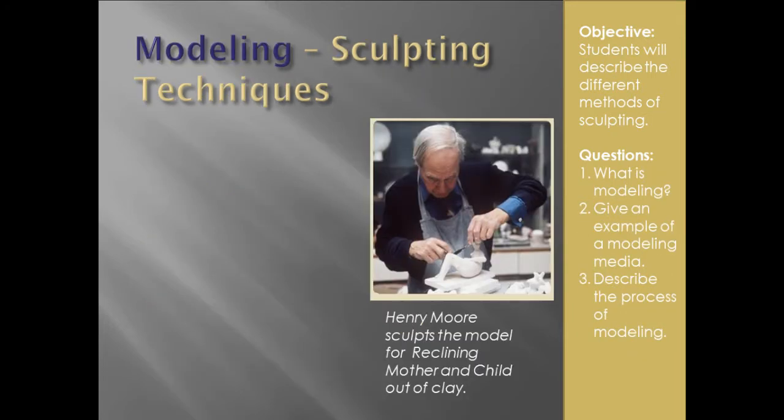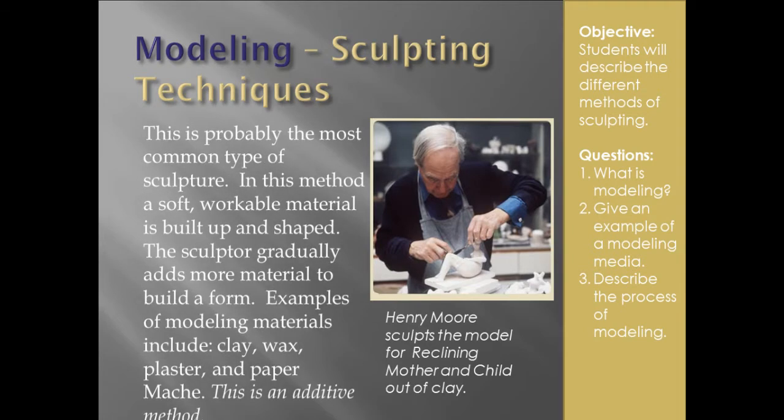So to begin, you'll see here an example of modeling. Now, this is probably the most common type of sculpture. In this method, a soft, workable material is built up and shaped. So that would include clay and what we typically do in our sculpture process. You can see here Henry Moore gradually adding more material to build a form.